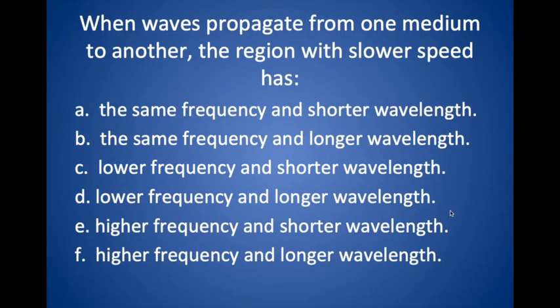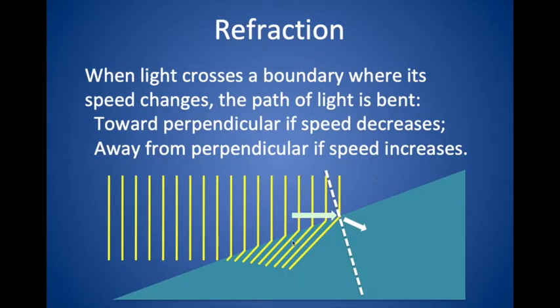Okay, so waves propagating from one medium to another. If you look at the picture, you can see where there's a slower speed, you get a smaller wavelength, because just the bending of these wave crests makes them end up closer together.